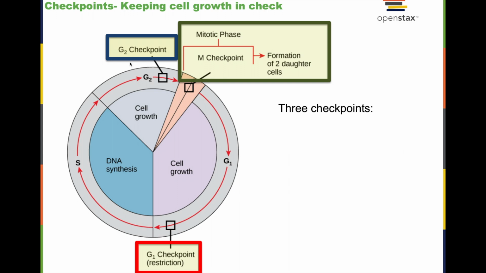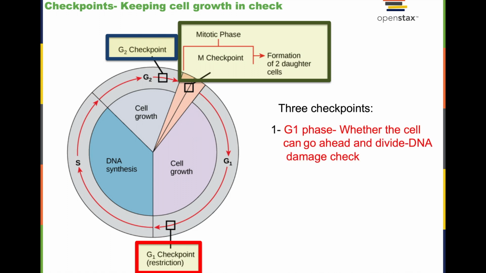So I have created a border for each of these of a different color so that we can start talking about them one by one. At the checkpoint in the G1 phase, the cell has to make a decision whether or not it needs to go ahead and divide, and whether or not it should go ahead and synthesize more of its DNA.